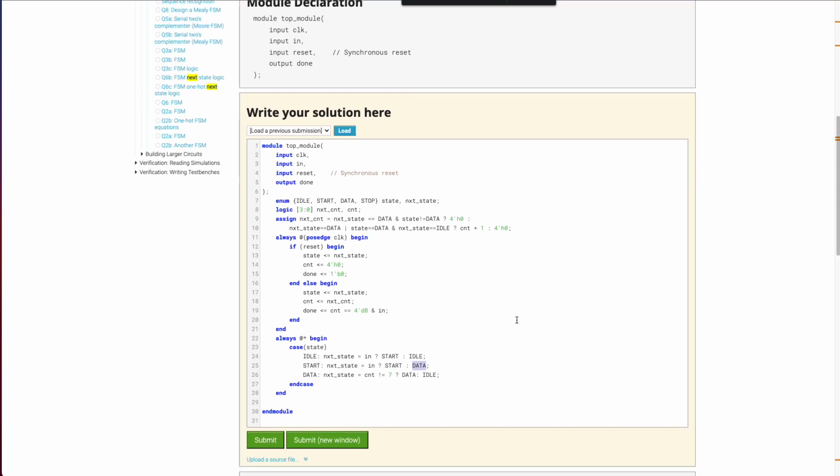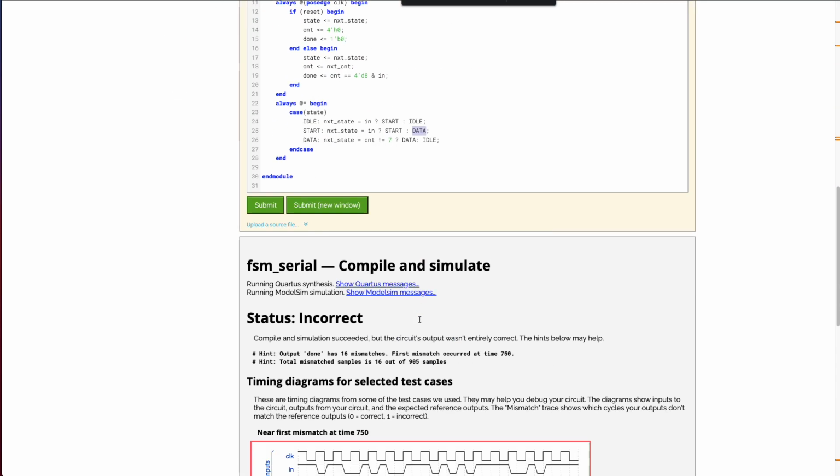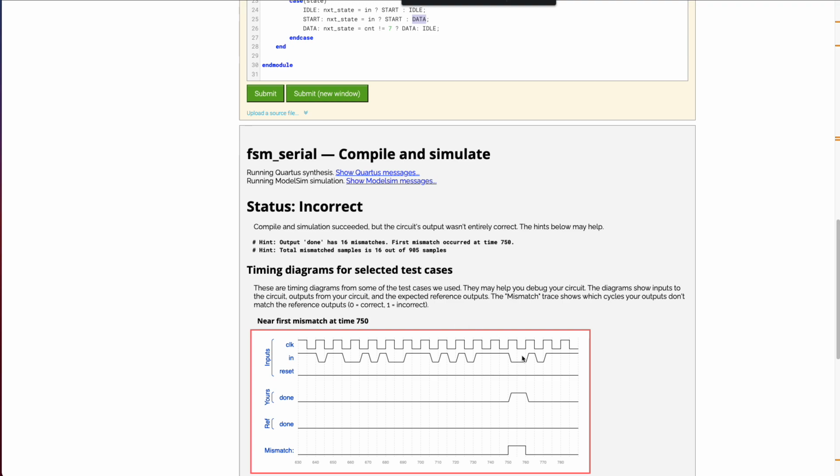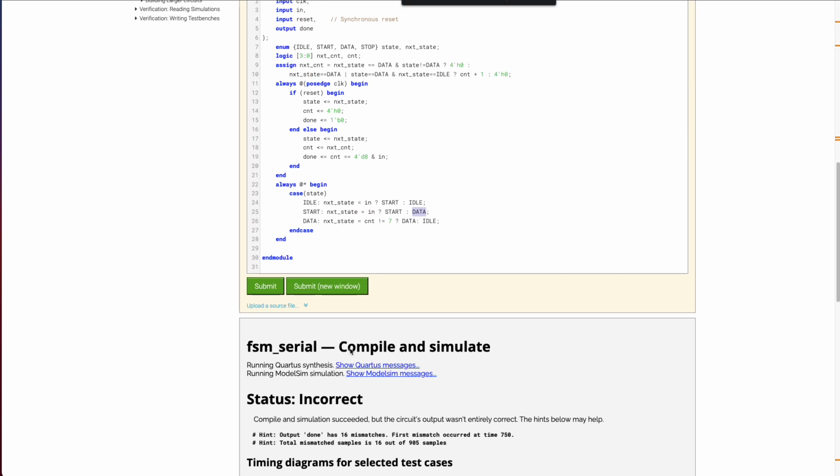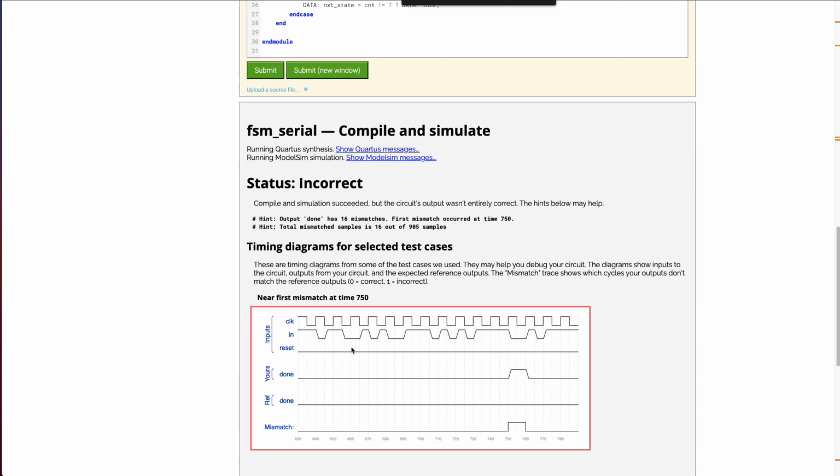But so if this is 8 and this is 0 and this is 1, then that means, right?